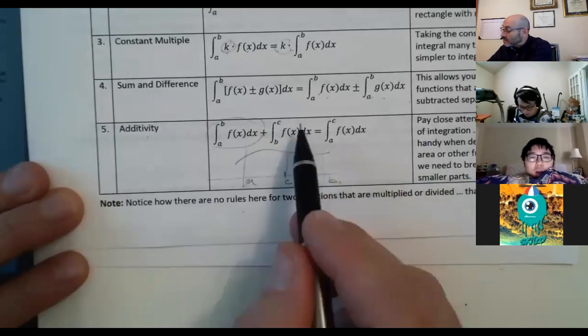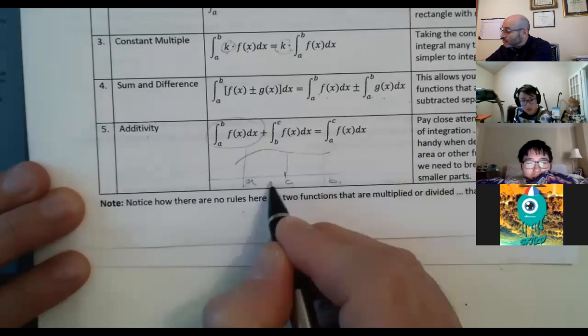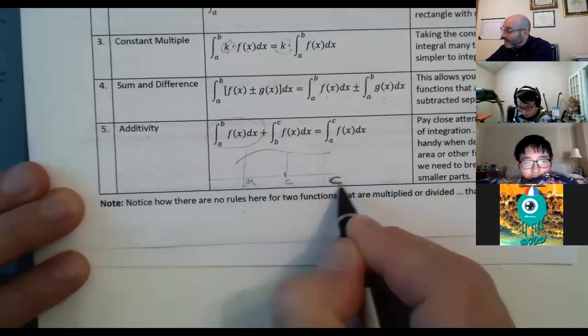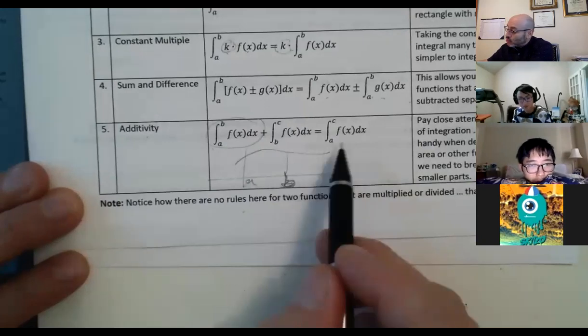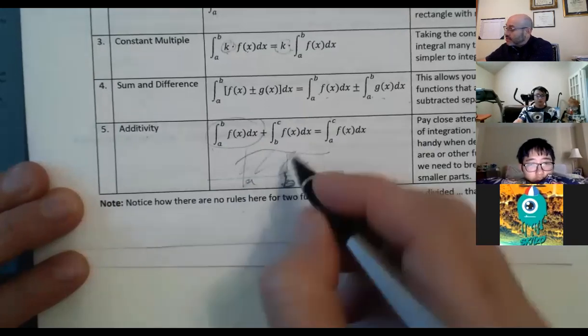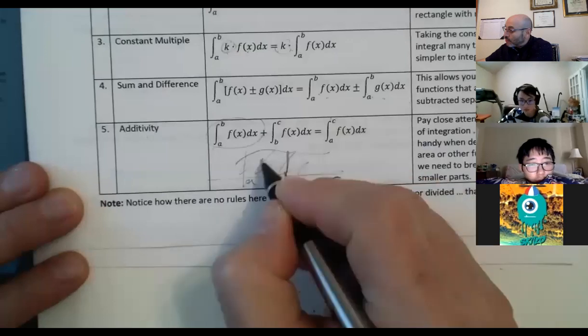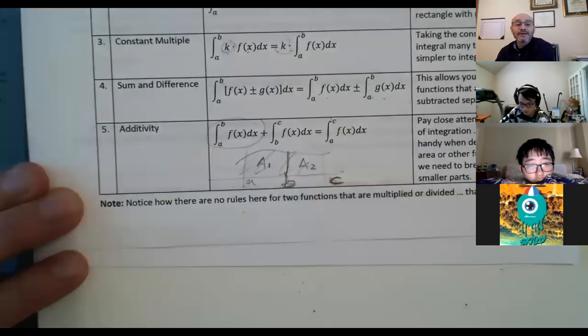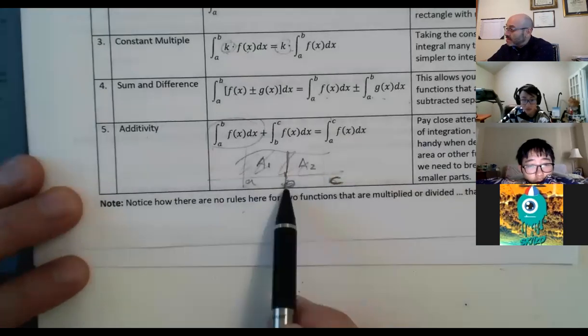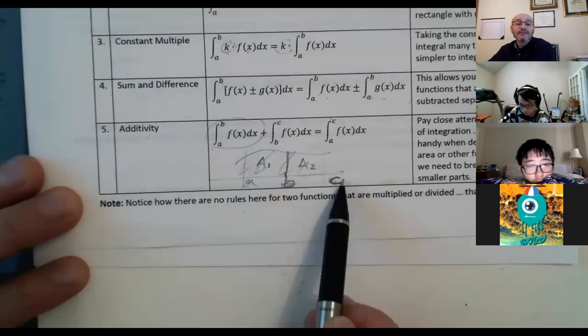Actually, I did this incorrectly. So this is A to C, and then C to B. So the area from A to B, this whole area, is just the sum of this area and the sum of that area, right? Mm-hmm. Even if the value B is in between A and C.